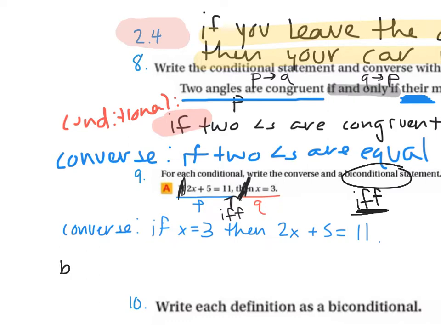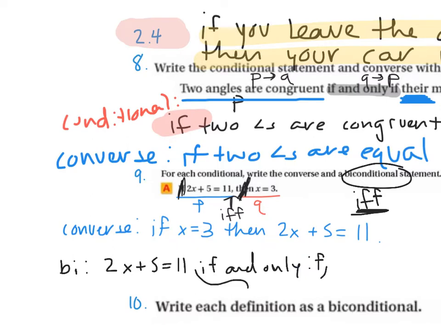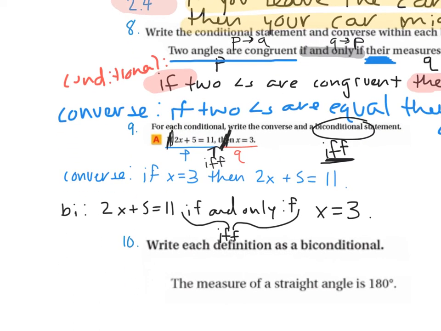So we have as our biconditional 2x plus 5 is equal to 11 if and only if, so we could rewrite this as IFF, x is equal to 3. So it's our converse and our biconditional.